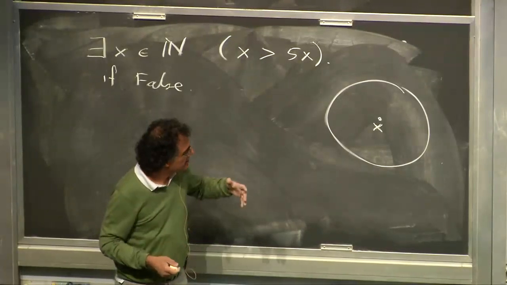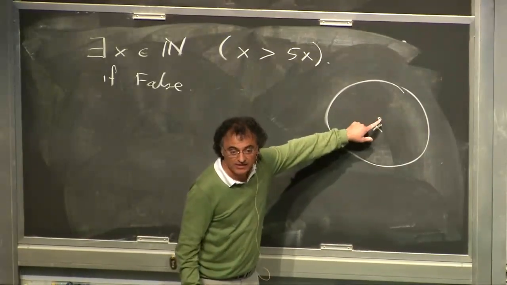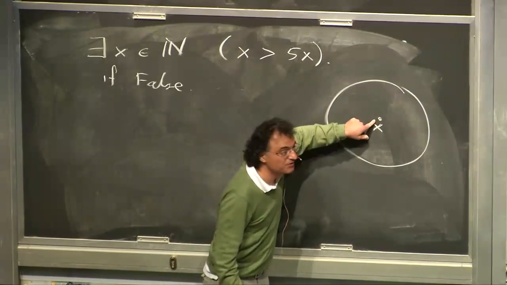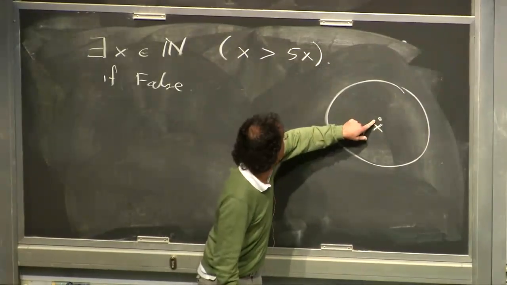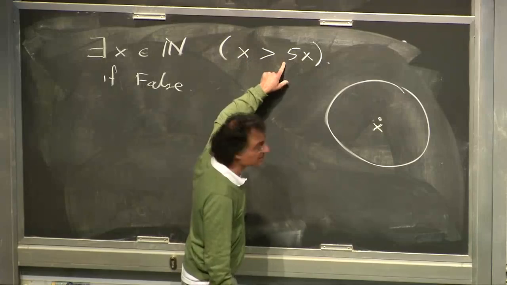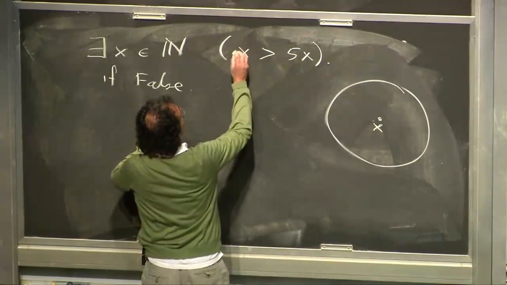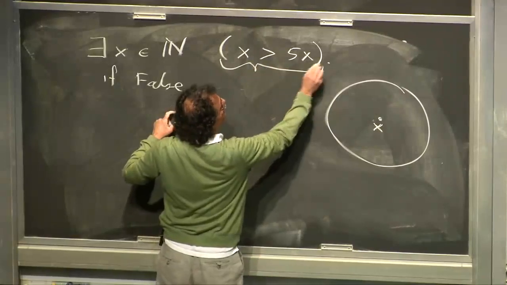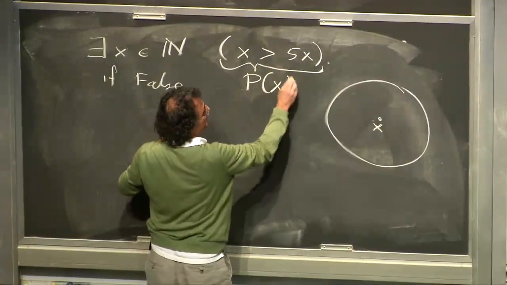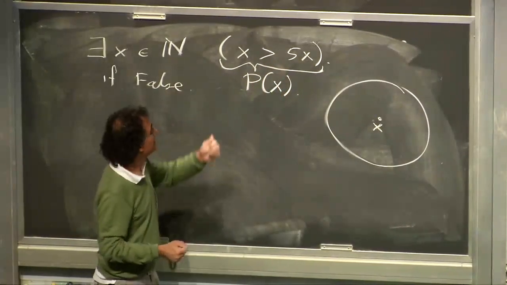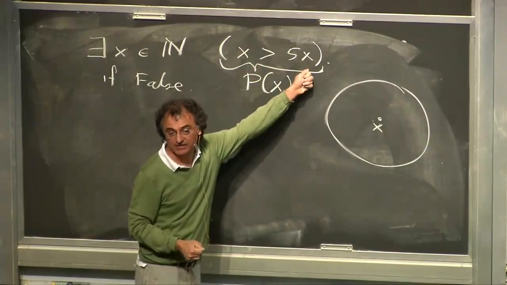What would that be asserting? That there's no such element, meaning every x that you look at has the property that x is not greater than 5x. Let's call this statement P of x, the proposition that x is greater than 5x.